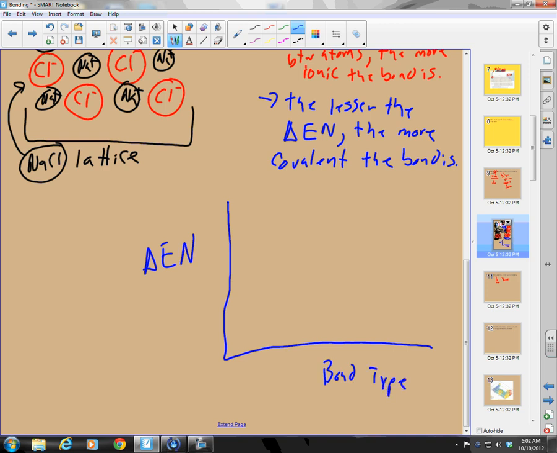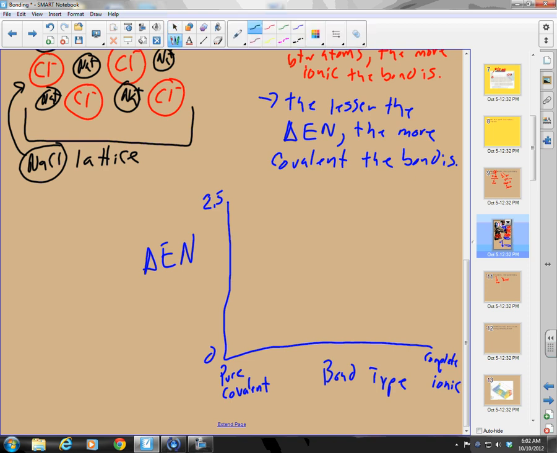Let's say that this is pure covalent, and we'll get into that in a second, and this is ionic, complete ionic. We'll say 0 going up to, I don't know, 2.5, something like that, maybe 3. And what we have to understand is there's a continuum.